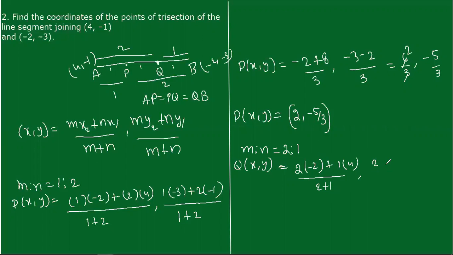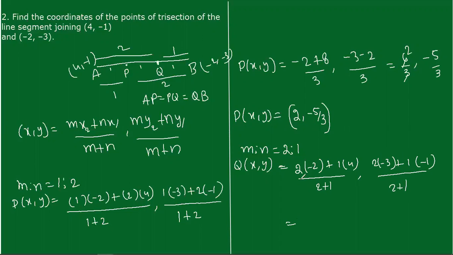And my2: what is the y2 value? Y2 value is -3, plus ny1, where n value is 1 and y1 is -1, by 2 plus 1.